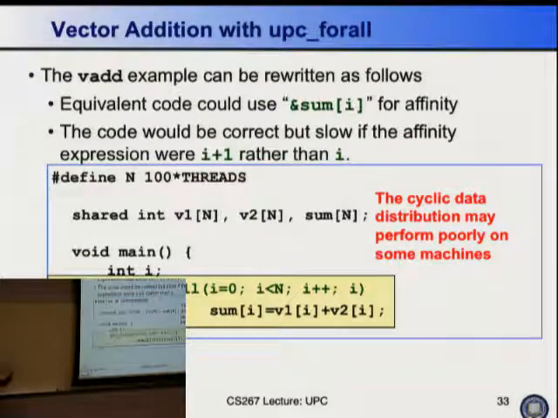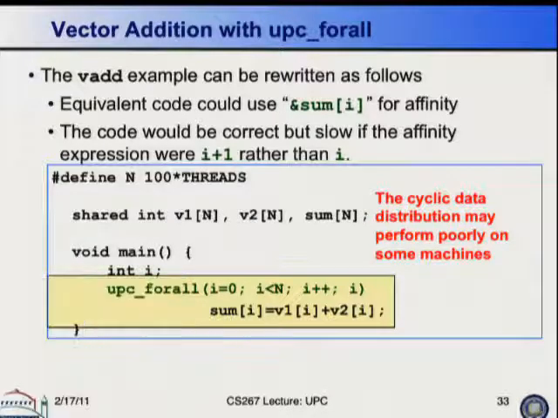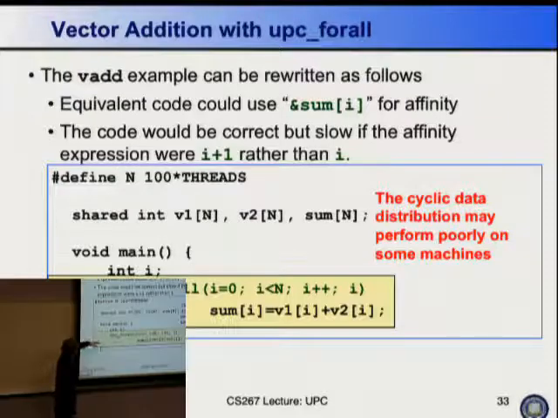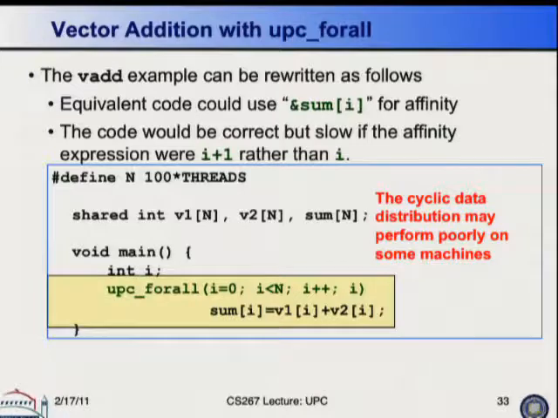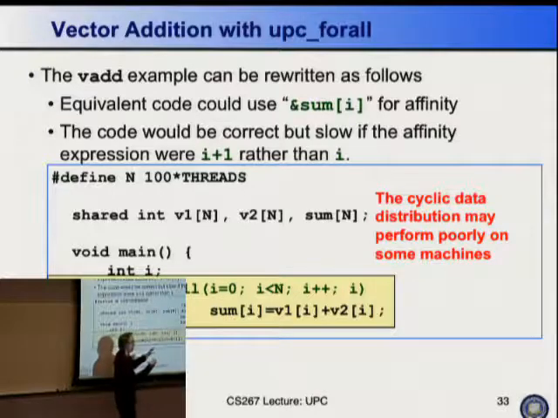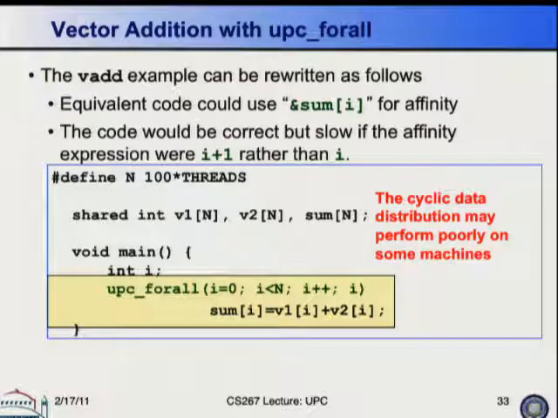OK, so there's the vector add example with UPC for all. You can see it gets cleaned up a little bit because you've left out that conditional and instead just put in the UPC for all statement. You could also put in the pointer if you wanted to for the affinity statement. An example that might be appealing to C programmers is you can put ampersand sum sub I in place of I as the affinity statement.